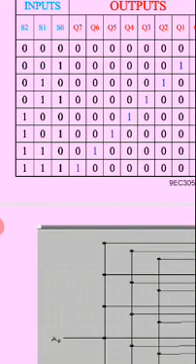For 0 1 1, its value is 3, hence Q3 is 1. For 1 0 0, its value is 4, hence Q4 is 1. For 1 0 1, its value is 5, hence Q5 is 1. For 1 1 0, its value is 6, hence Q6 is 1. For 1 1 1, its value is 7, hence Q7 is 1.